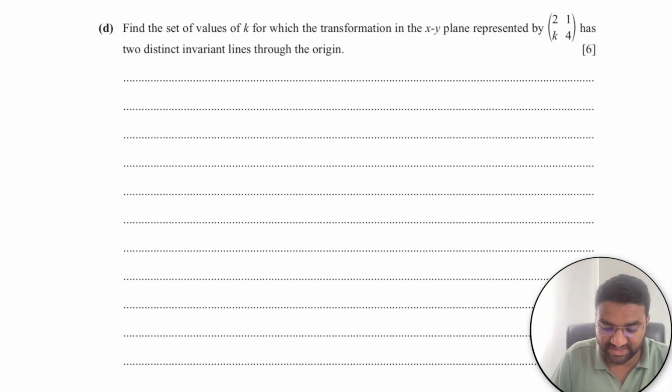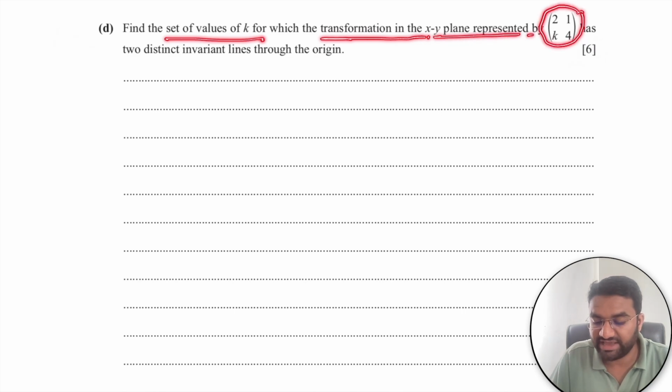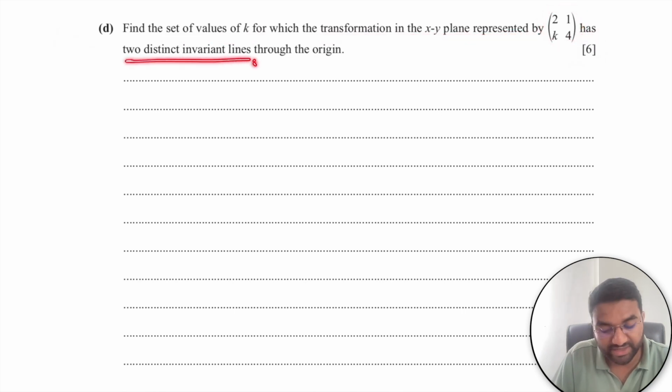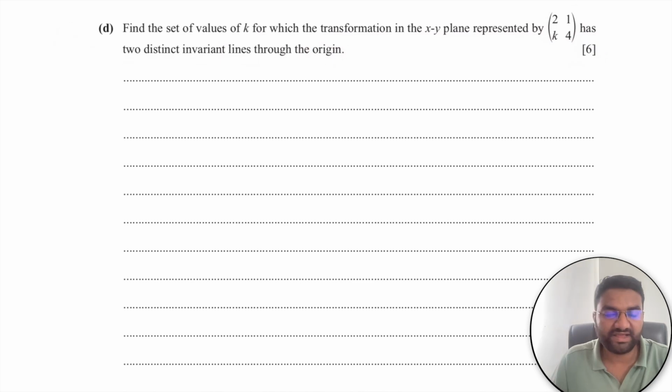Here it says: find the set of values of k for which the transformation in the xy plane represented by the matrix (2 1; k 4) has two distinct invariant lines through the origin. Firstly, with the invariant line concept, even if a point is reflected or enlarged, the origin doesn't change.